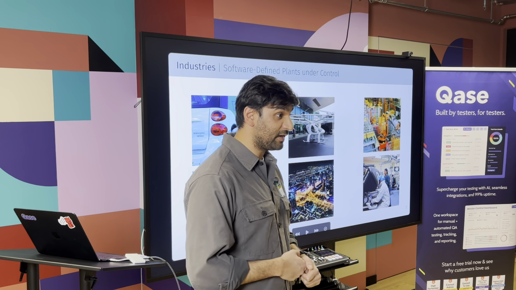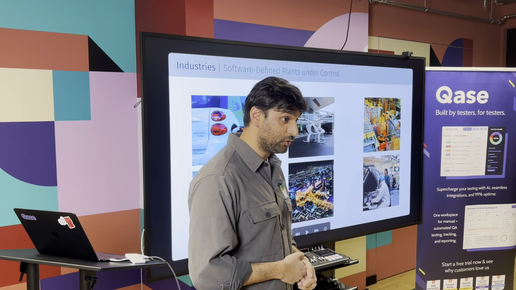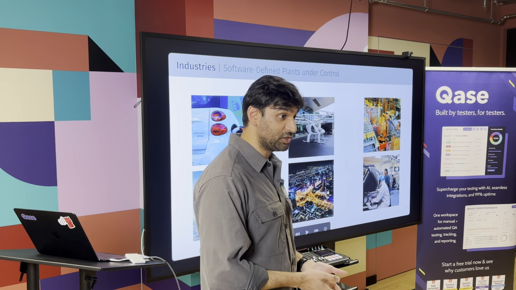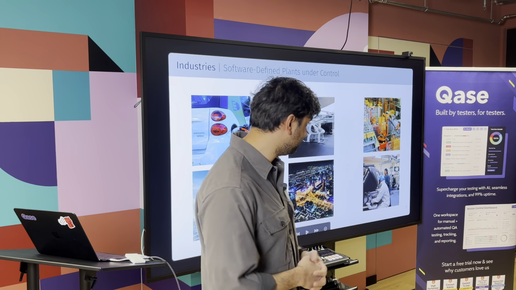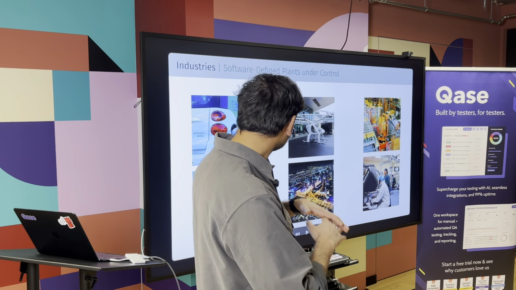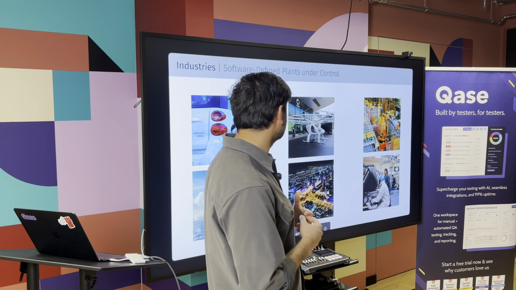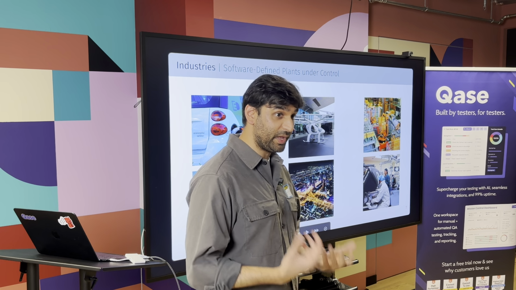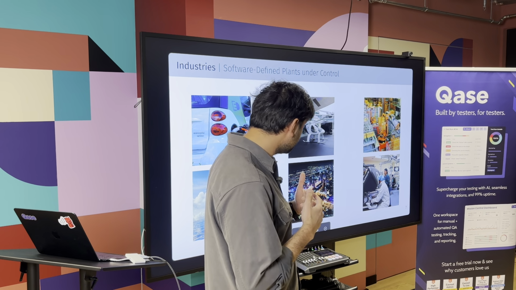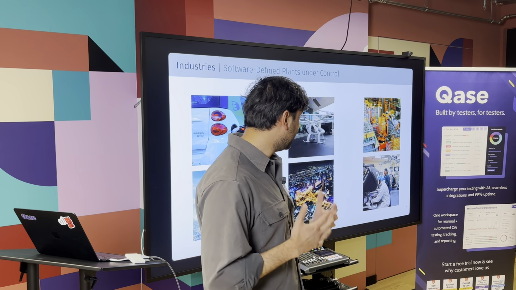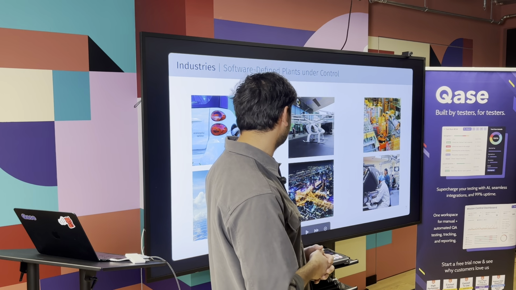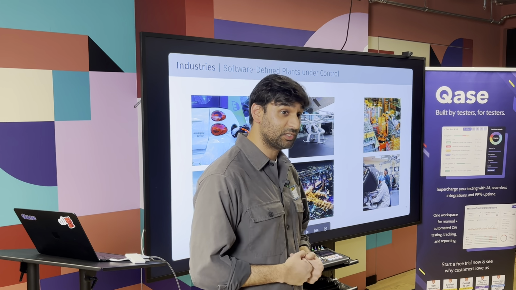You have software which is used by doctors, nurses and practitioners, and also software used by patients, so patient monitoring devices and so forth. So this is what you would call software-defined plants. There are embedded controllers in them which are deep-rooted within these plants, and they are a fundamental part of this.